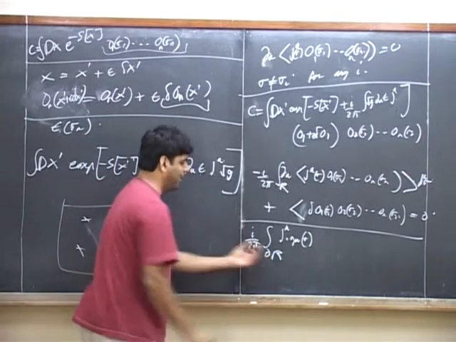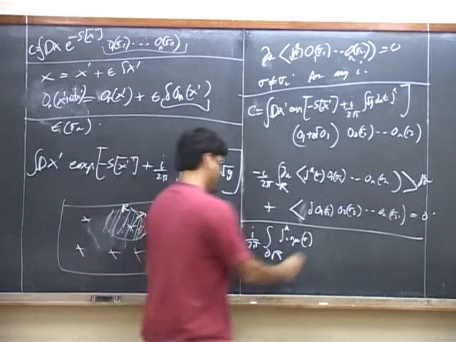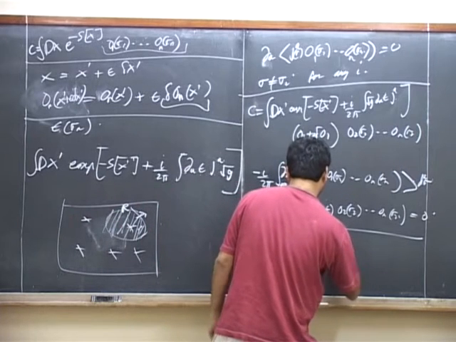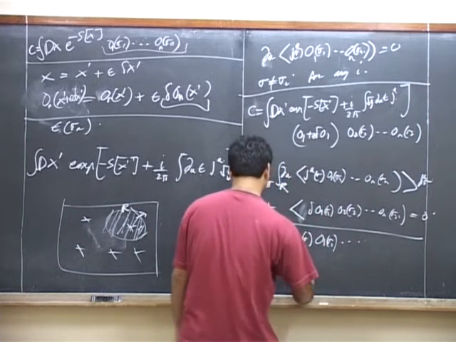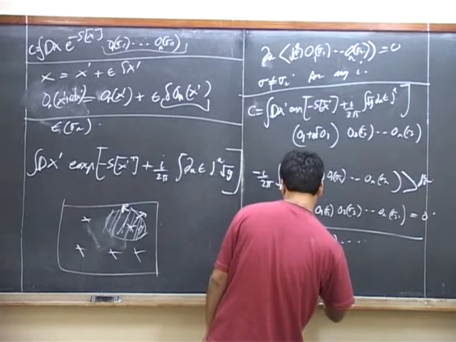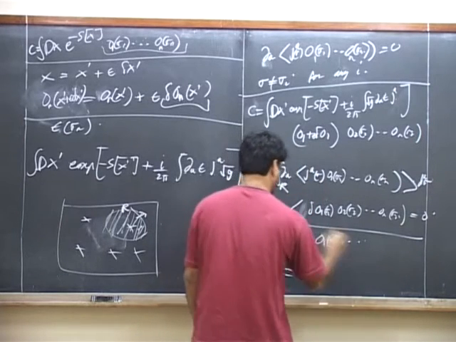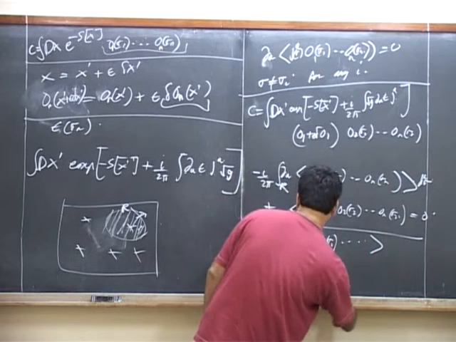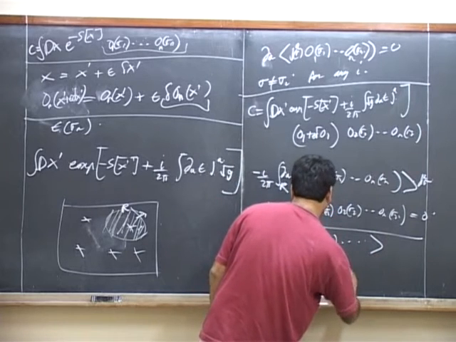This symbol is often used for the boundary of a region. Times O1 of sigma 1 and so on is equal to the correlation function of delta O1 of sigma 1 and so on.